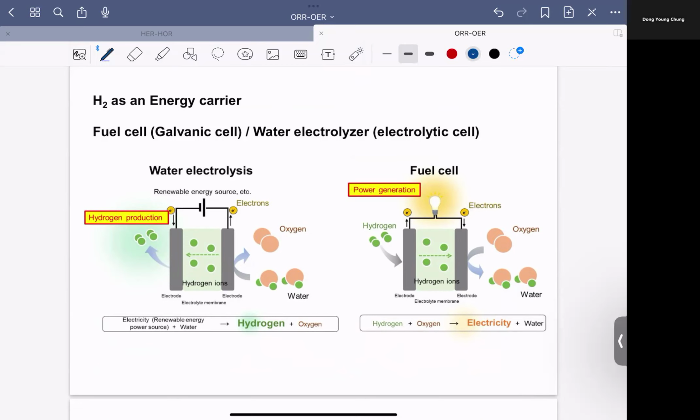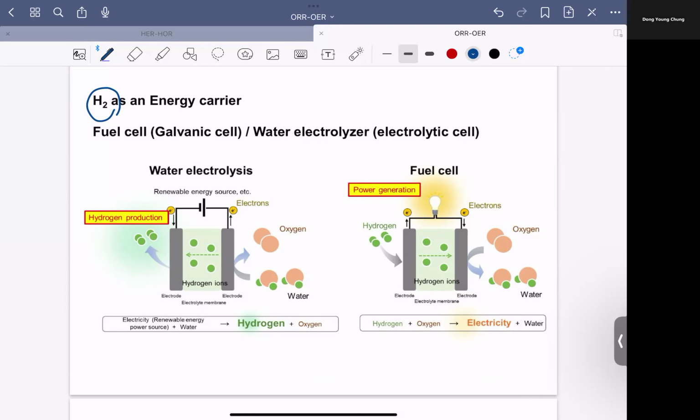Now, we have to think about why we handle oxygen electrochemistry when focusing on hydrogen, right? As we discussed before, electrochemistry and electrocatalysis occur with anodic and cathodic reactions simultaneously.